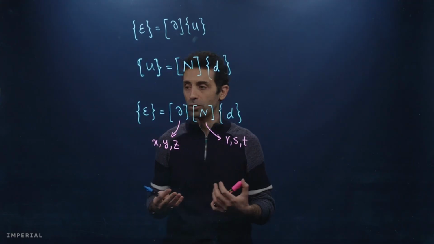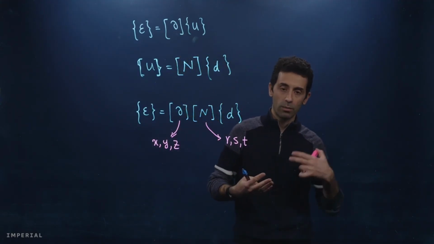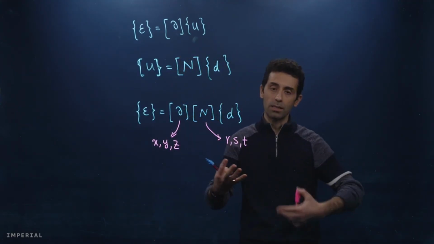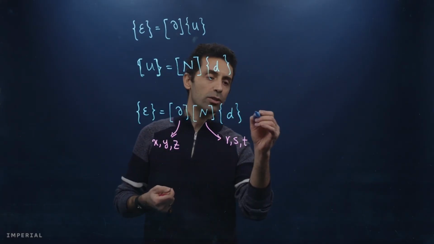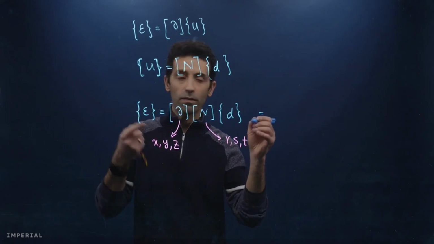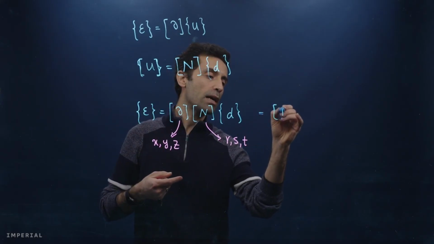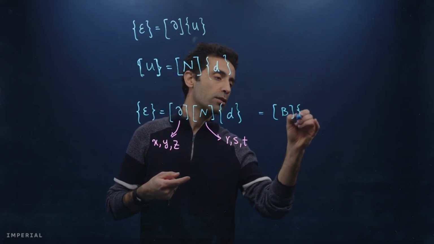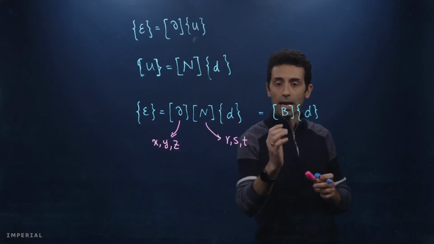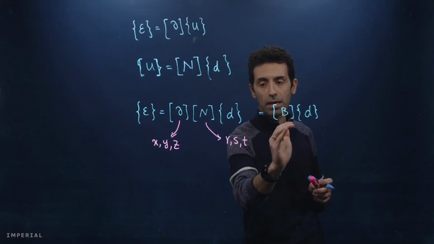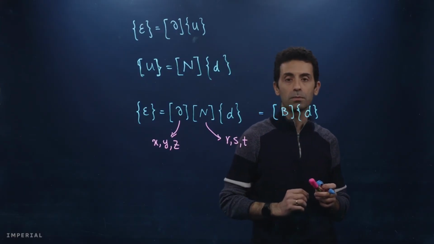So when we do differentiation, we can use the chain rule. So we can now change from one coordinate system to the other by using the chain rule. So what I should also mention here is that we can also simplify this further to write it as a B matrix times vector of nodal displacement. So essentially, our aim now is to find this B matrix by using the chain rule.